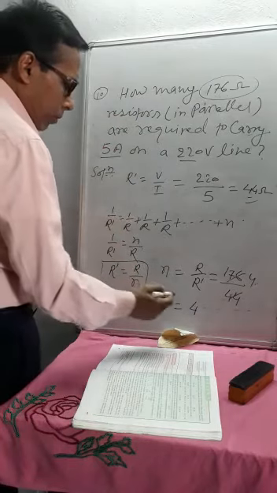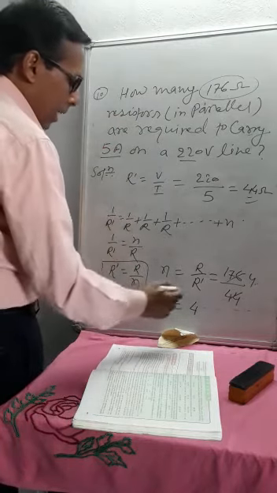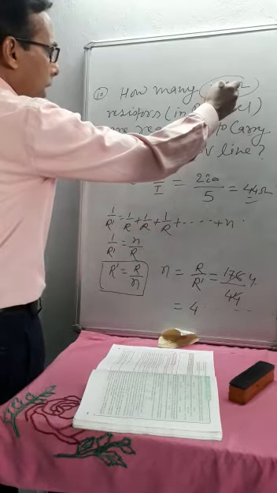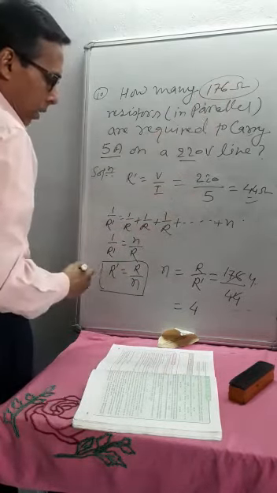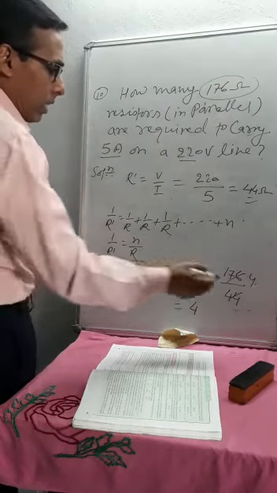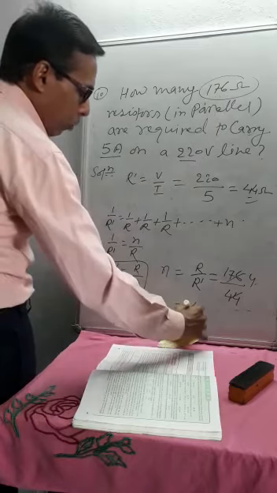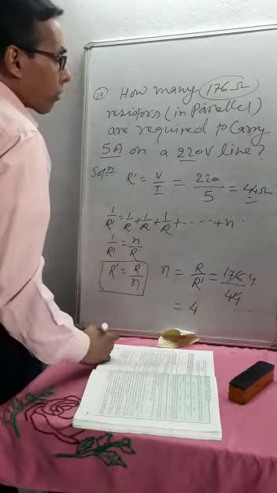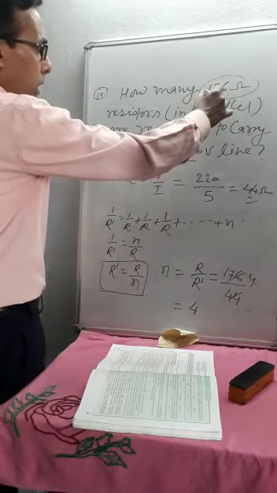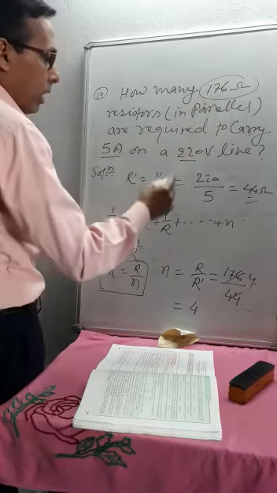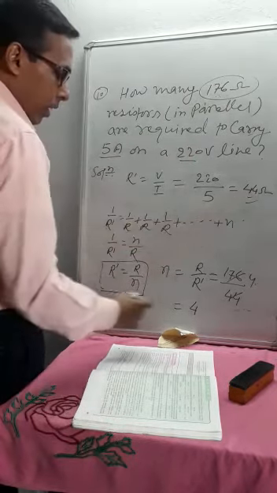It means that if resistors of 176 ohm are combined in parallel, then we will get an equivalent resistance of 44 ohm. So the answer is n is equal to 4, meaning 4 resistors of 176 ohm are combined in parallel, which gives the equivalent resistance of 44 ohm. So this is the answer.